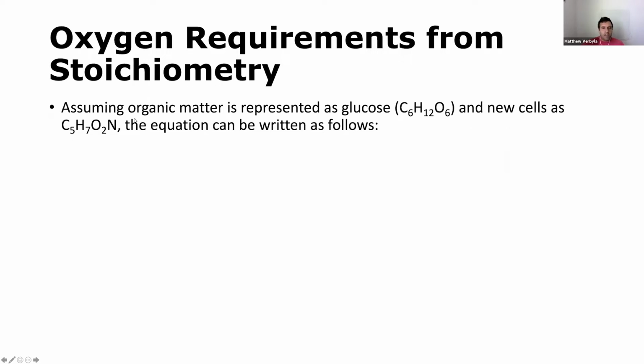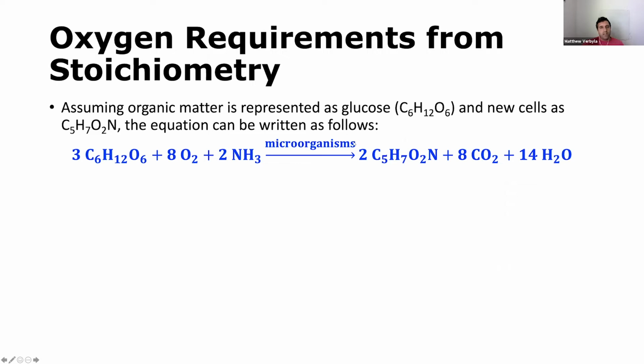And again, we're representing our new microbial cells being produced in the reaction as C5H7O2N. So the stoichiometric equation can be written as follows, right? Balanced equation, we have the oxidation of glucose to CO2, and also the production of new microbial biomass, utilizing oxygen as an electron acceptor and consuming ammonia in the process.